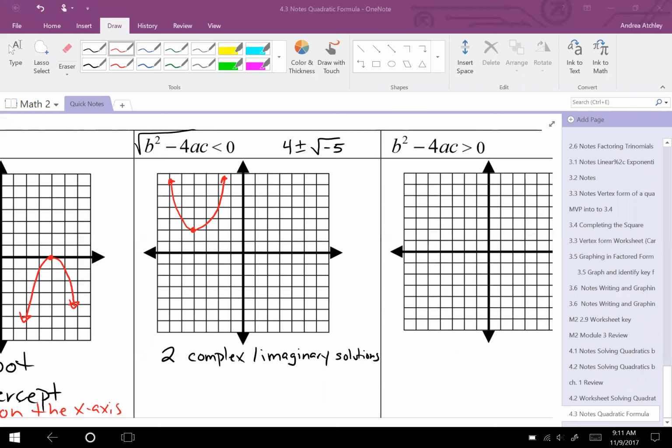Okay, or it could have the vertex below the x-axis and face down. So there's 0 x-intercepts. Any questions over that?